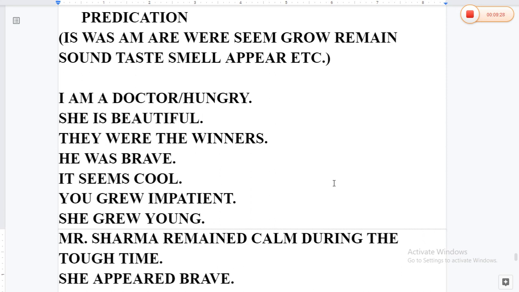You will never apply an object with these verbs.